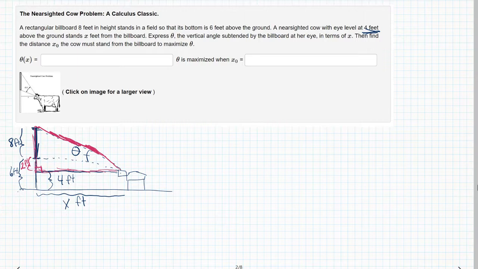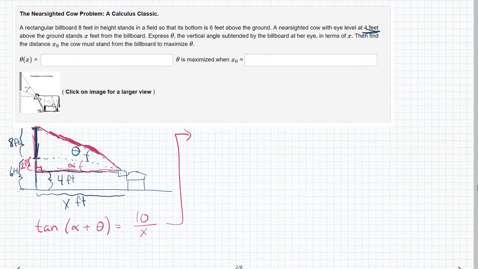Let's say we added in this extra angle here. Let's call it alpha. If we take the tangent of alpha plus theta, then that should equal, well, notice 8 plus 2 would be the opposite side, so that would be 10, and then the adjacent side of this angle altogether is x.